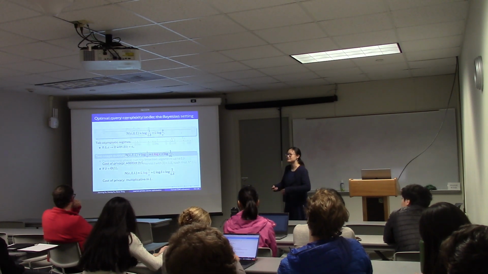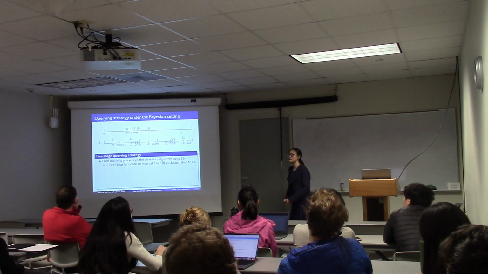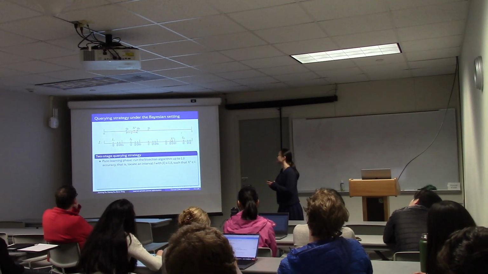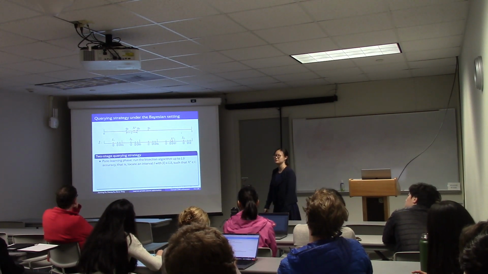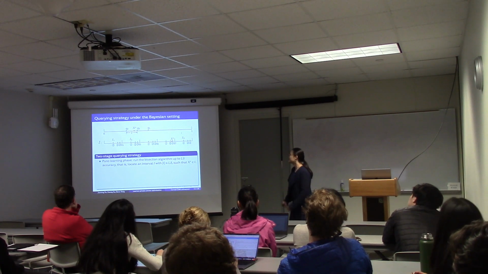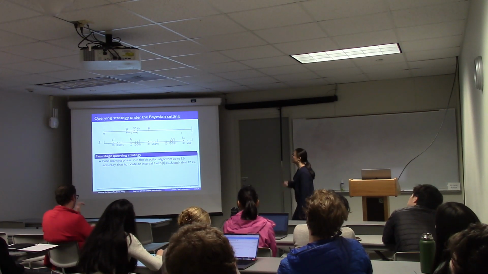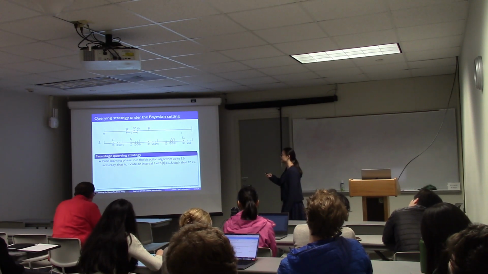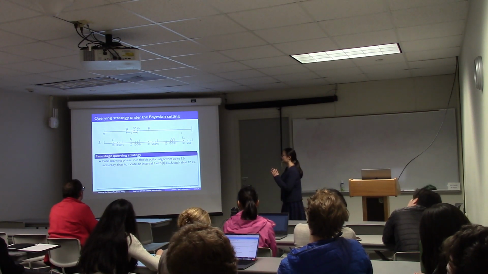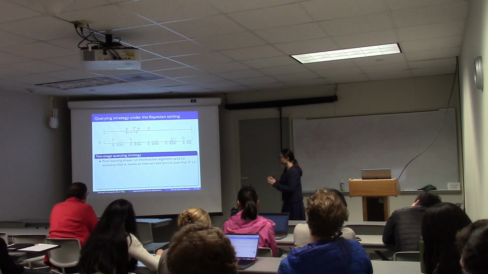So I'd like to talk a little bit about the querying strategy that we designed to achieve this optimal query complexity. We adopt this two-stage querying strategy, where one stage is the pure learning phase. The algorithm contains two stages.